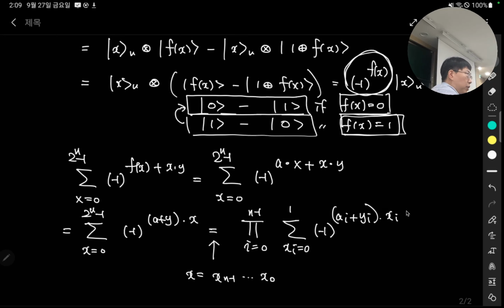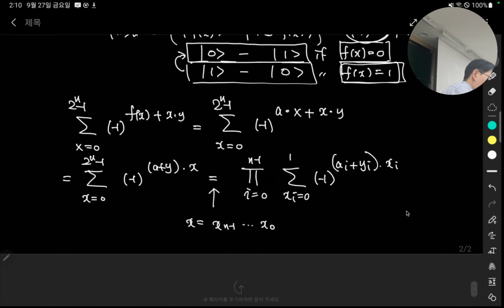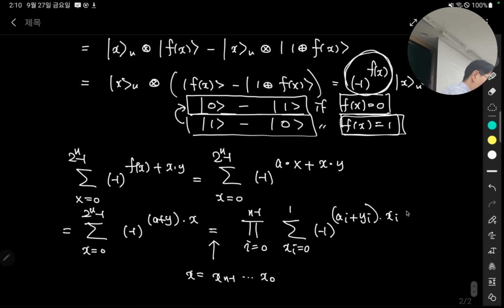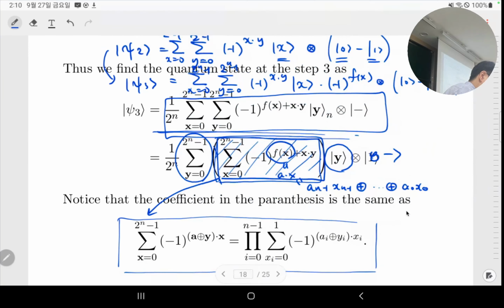Same thing as we did before. So you can distribute to get the simpler form of the same equation, but now we are going backward. We're going to make the simple form of the formula into a longer form by using the distribution law. Then you get this one.